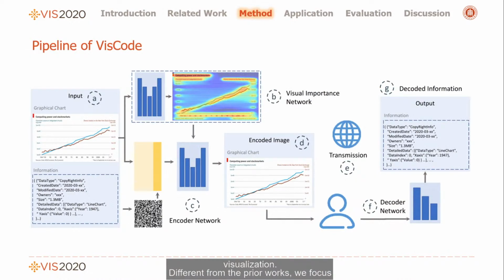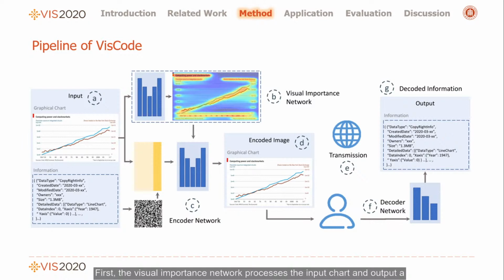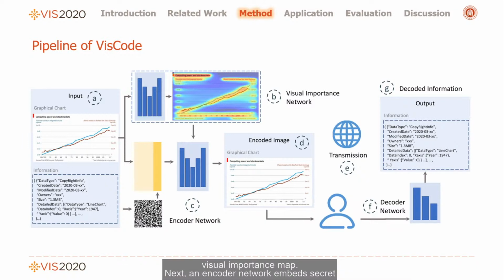Different from the prior works, we focus on encoding a large amount of data into information visualization images while preserving their visual perceptual quality. Our VIS code system has three main components: the Visual Importance Network, Encoder Network, and Decoder Network. First, the Visual Importance Network processes the input chart and outputs a visual importance map.